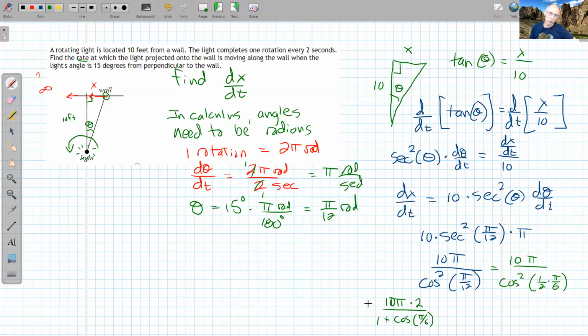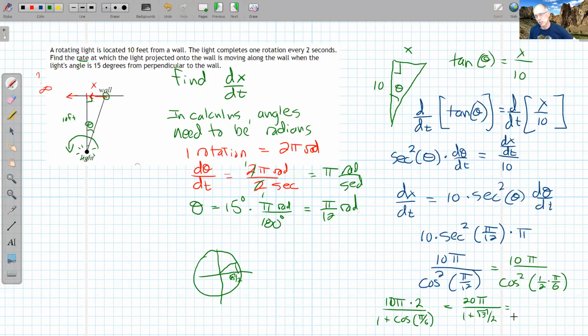Cosine of pi over 6, so thinking about the unit circle, pi over 6 is this lower angle there. Cosine down there is square root of 3 over 2. So the exact answer would be 20 pi over 1 plus the square root of 3 over 2, which could be cleaned up a little bit, but not too much.